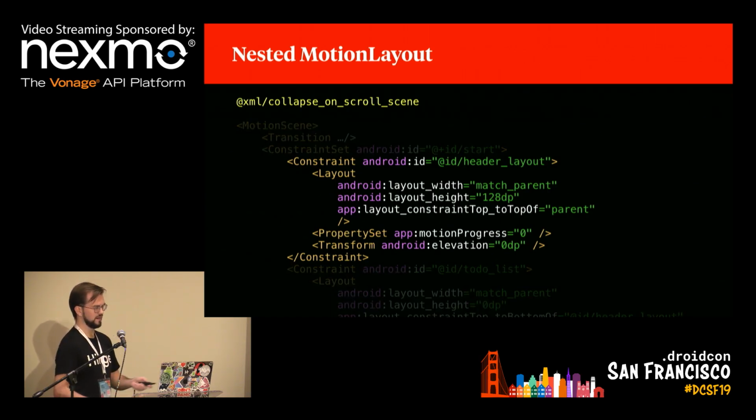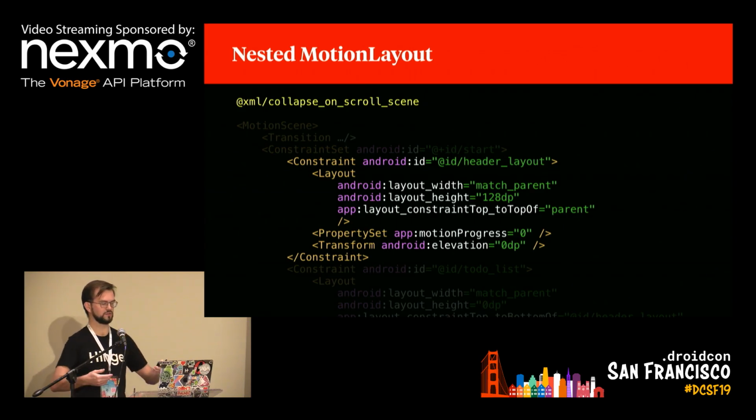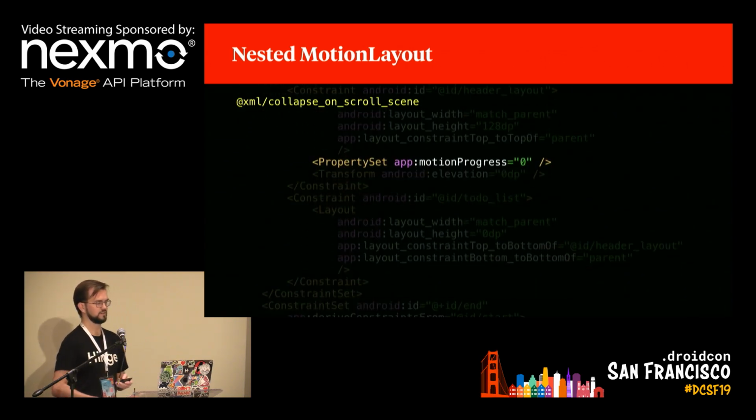Next up is telling the child, hey, you should actually animate the header. So the way we do that is in the start constraint, we say motion progress 0. So the parent is at progress 0 in its start constraint, and it's telling the child header, hey, your progress should be set to 0, or animate or interpolate to 0 when I'm directing you towards this state.